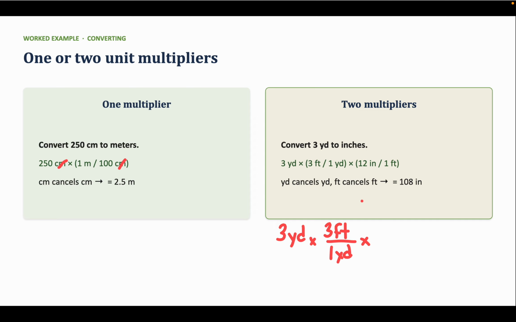But we still need to get it down to inches, so there are 12 inches in 1 foot. You can see our yards will cancel out, our feet cancel out, then we're left with 3 times 12, which equals 108, and our unit is inches. So 3 yards equals 108 inches.